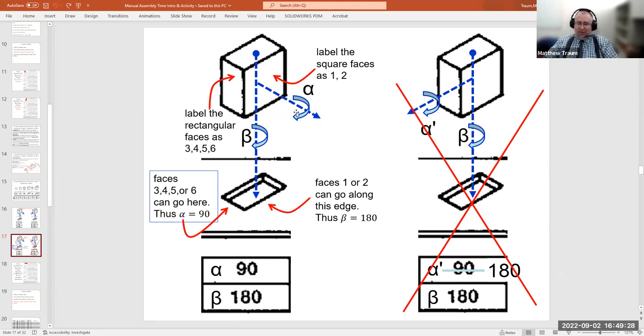And that's how the Boothroyd and Dewhurst charts are set up. And so it's this direction for the axis around which alpha rotates that we end up selecting by using this numbering approach and looking at which one of those orientations gives us the lowest alpha angle. So hopefully that makes sense, but let me pause and ask if anyone has questions about how to resolve this paradox if it occurs.